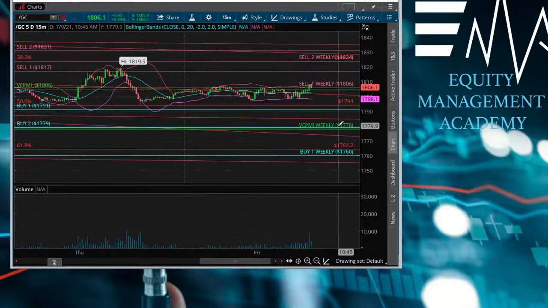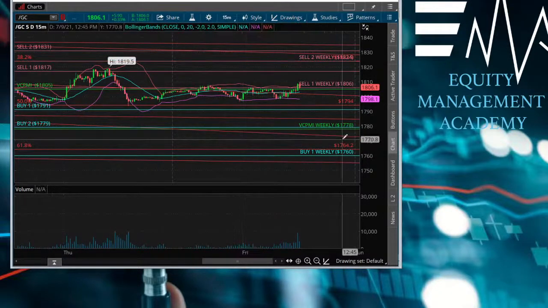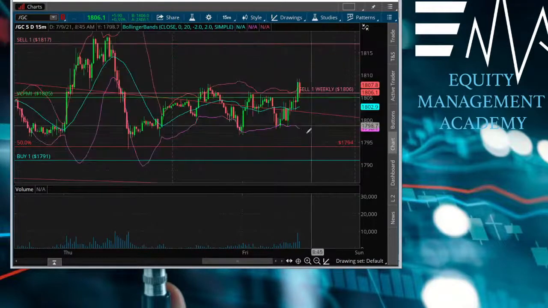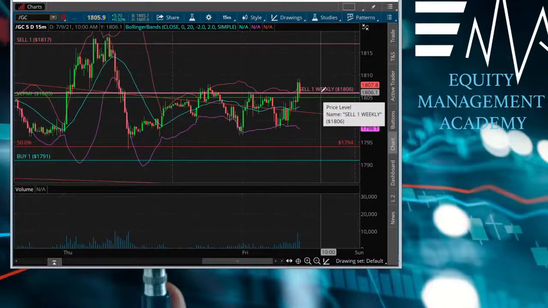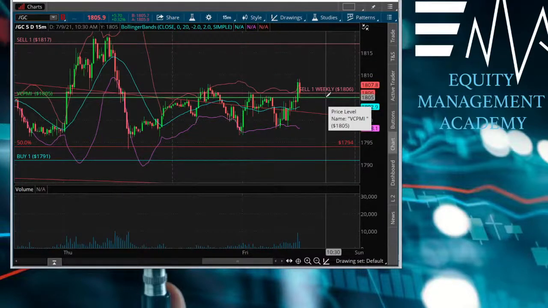Now, if we close below 1805, then you're going to activate a short trigger as well as a bearish price momentum.